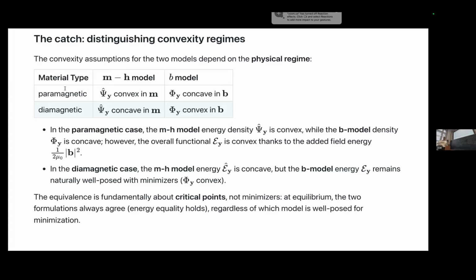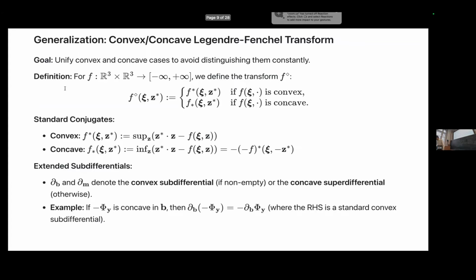This is the point, because when one is convex, the other is concave, and vice versa. So if you want to characterize the equivalence, you should work at the level of critical points. This is the main idea. And in fact, this was Stefan's idea, Stefan's notation.